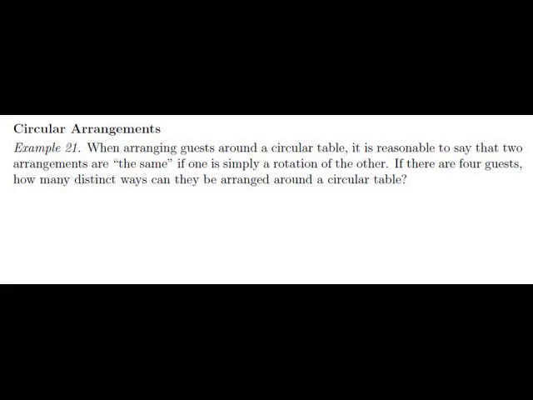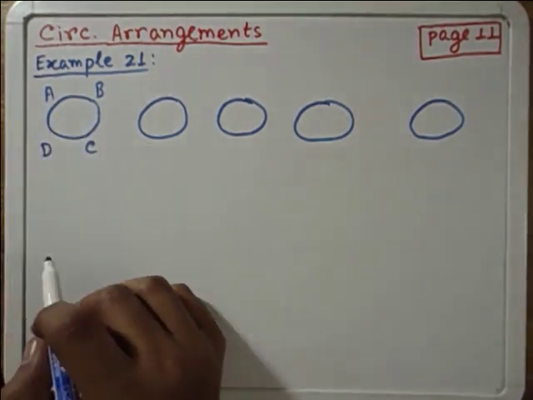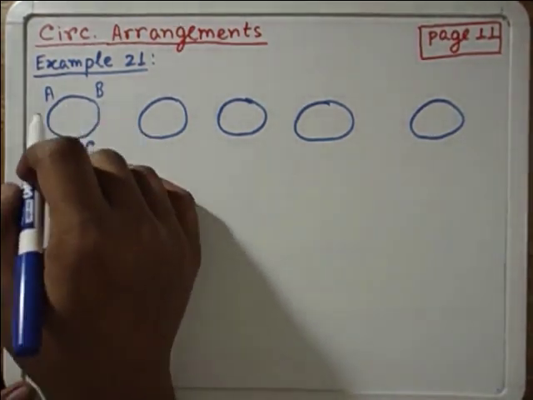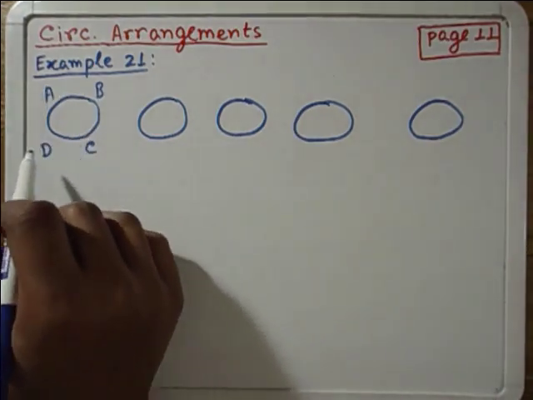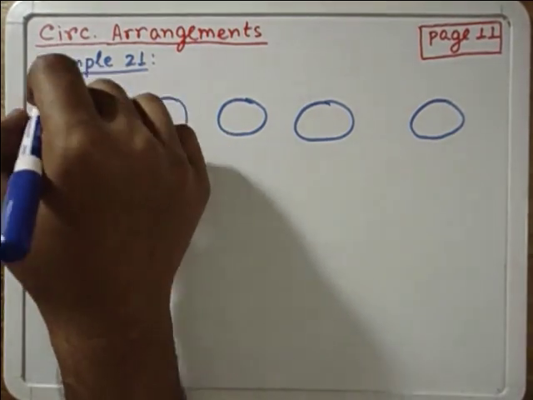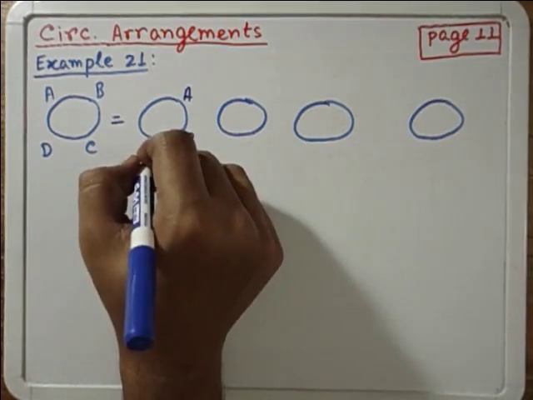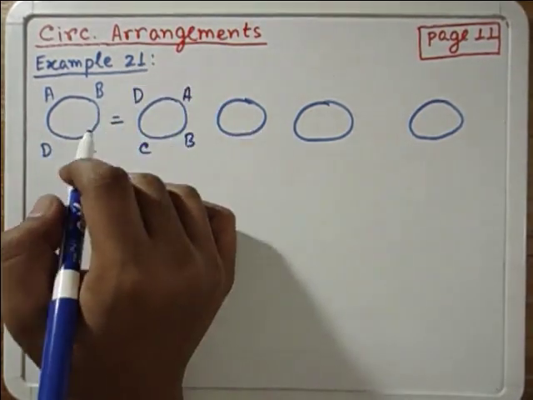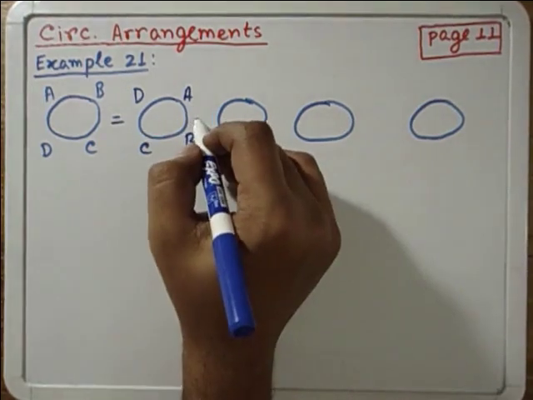Okay, so let's see here. We have a circular arrangement. Let's say this is a circular table. We have 4 guests, A, B, C and D. They are sitting this way. So what are the same arrangements? If A moves this way, A, B, C, D, we will call these two arrangements the same.